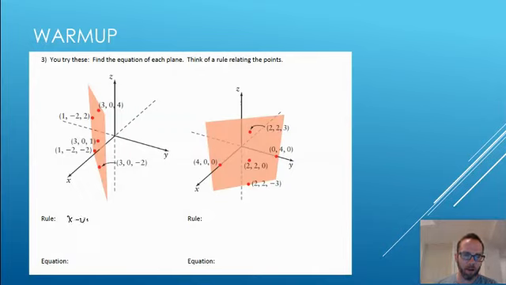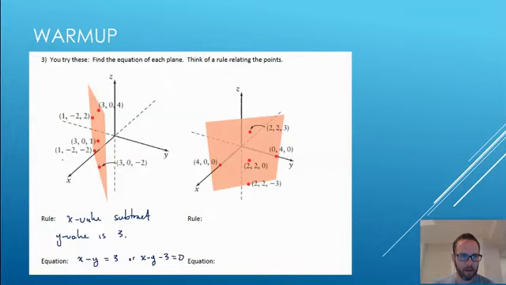X value subtract y value is 3. And so turning that into math, x minus y equals 3. Or you could write it as x minus y minus 3 equals 0. And that checks out. 1 subtract negative 2 is 3. 3 minus 0 is 3. And the z value doesn't really factor in here.